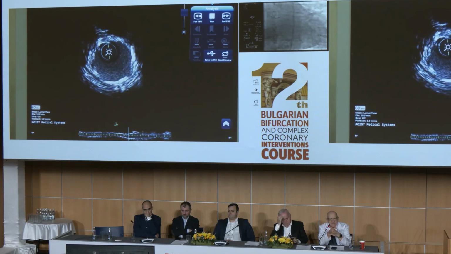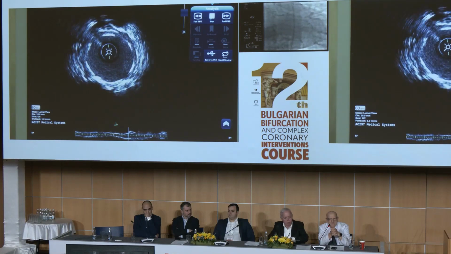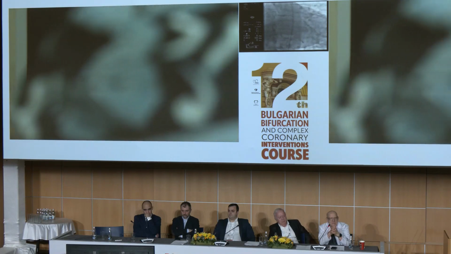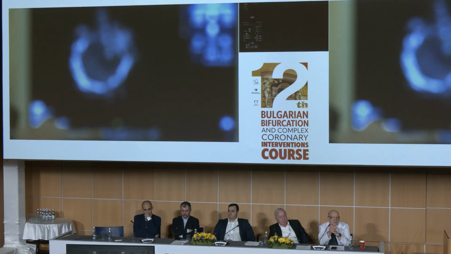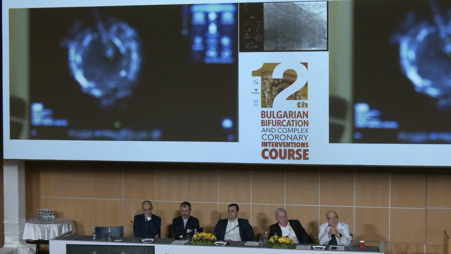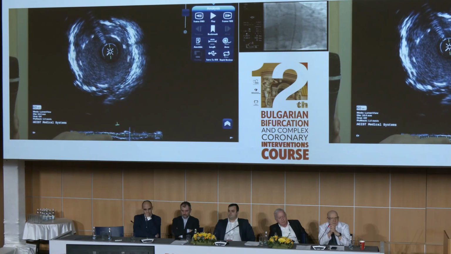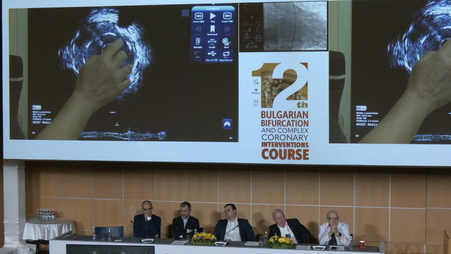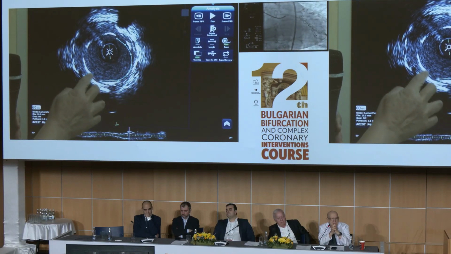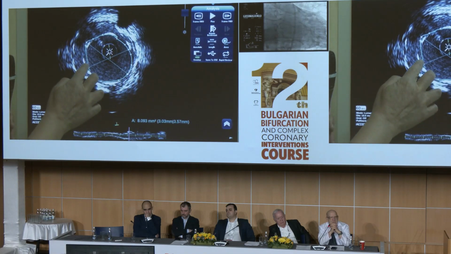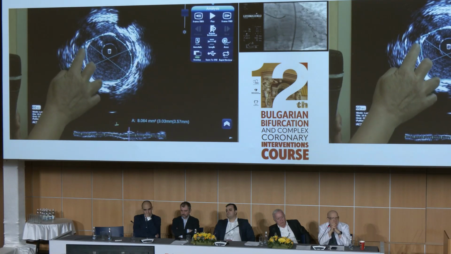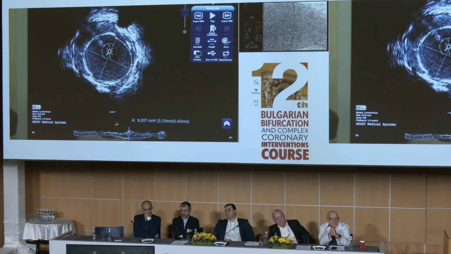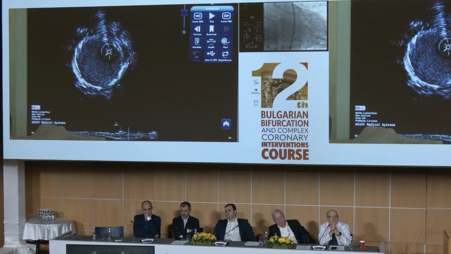And it is not necessary because what I see here, you have an excellent minimal stented area, which is for sure a good sign for acute and future events. We have many studies that have proven that malposition is not good, but the main thing we are seeking is the minimal stented area, which is more than 8 millimeters.